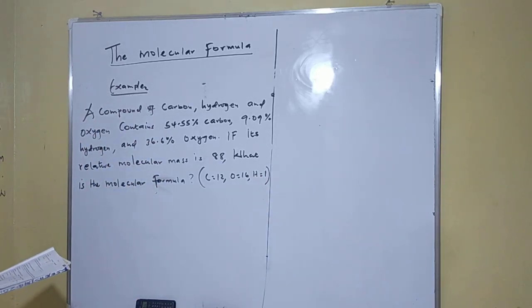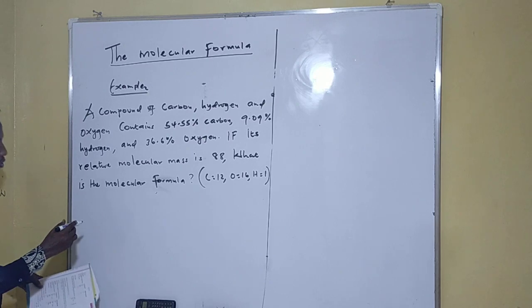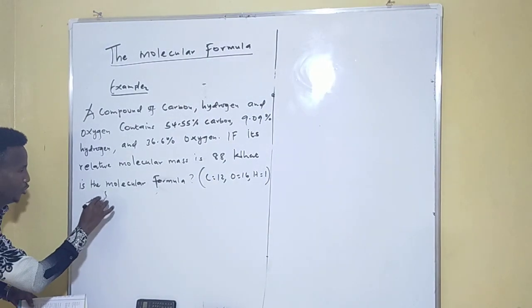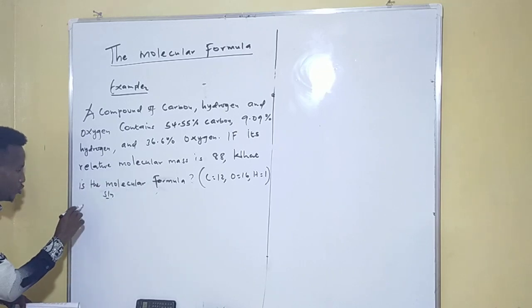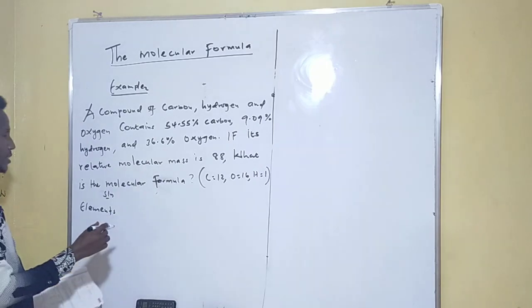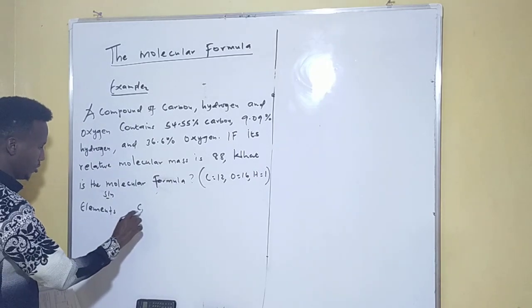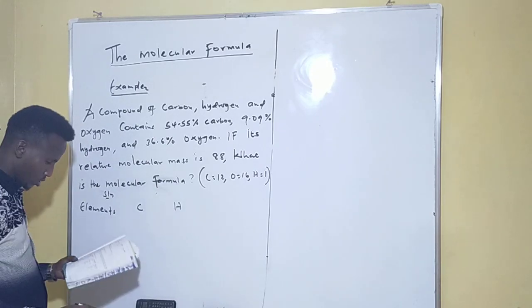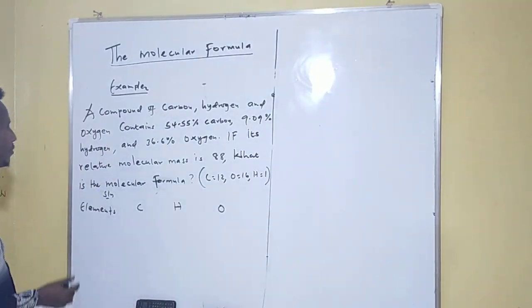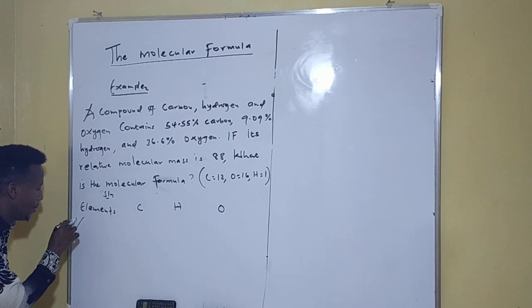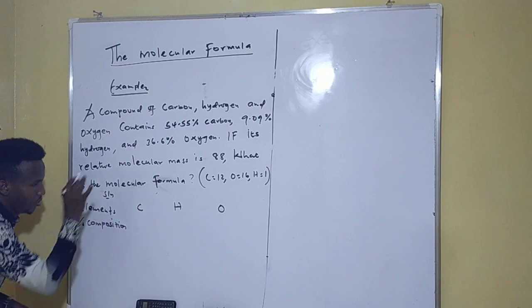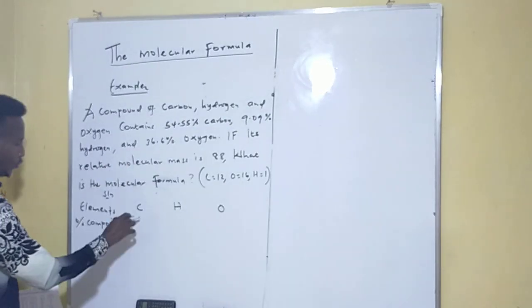So this time we have three elements. Don't worry, we'll proceed to that. So you can write elements. Our elements are what? We'll start with carbon, then hydrogen, then oxygen. There are three elements, remember. Do we have their percentage composition? Yes. Carbon is 54.55.